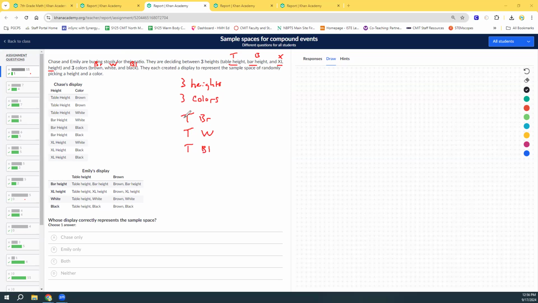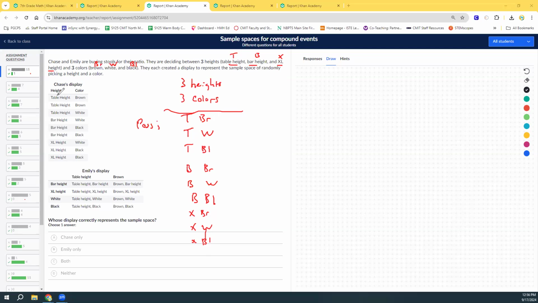I put all my table heights first in my list of possibilities. We could get a bar height that is brown, bar height that is white, bar height that is black. And we could get an XL that is brown, and XL that is white, and an XL that is black. So there's 9 possibilities, right?